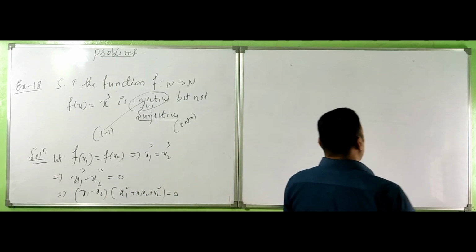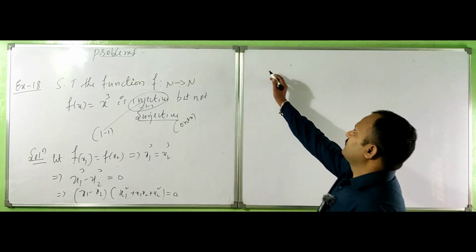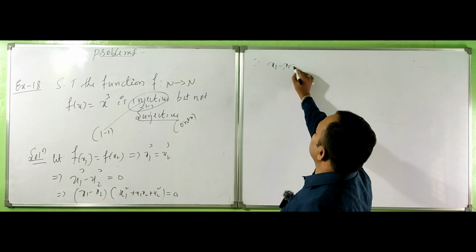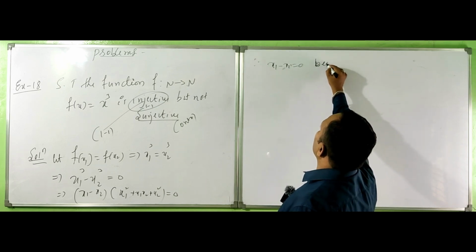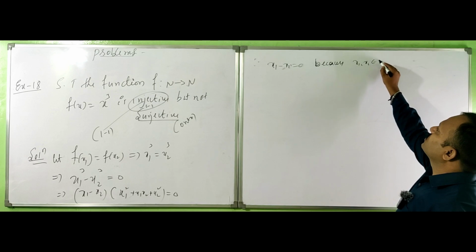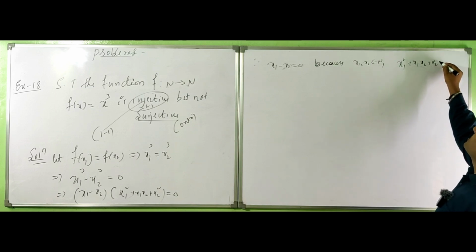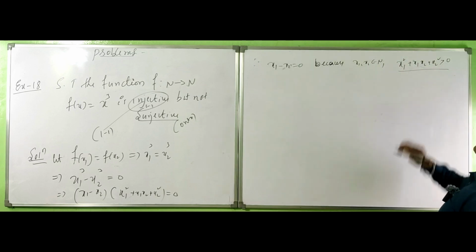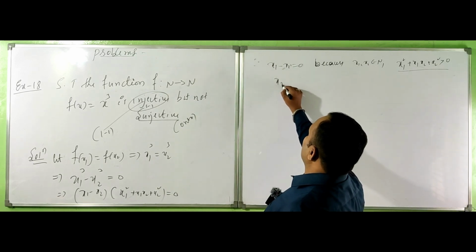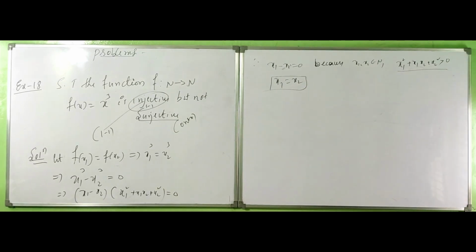The second factor can never be 0, because it is a sum of squares, positive values, where x1 and x2 belong to natural numbers. Therefore x1 minus x2 is equal to 0, so x1 is equal to x2.